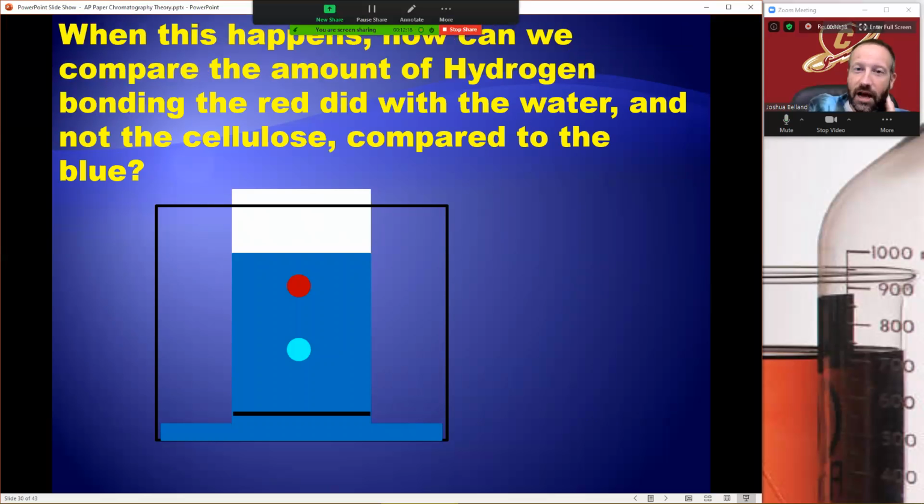Okay. So what does this tell us? Here's the big part. This is why paper chromatography is an AP chemistry topic. You can now talk about the strength of the bonds between the color molecules and the paper and the color molecules in the water. That's why it's a pre-AP and AP topic, and that's why I discuss it in both classes, because it could be on the test, and it'd be easy points on the test if you know what's going on.